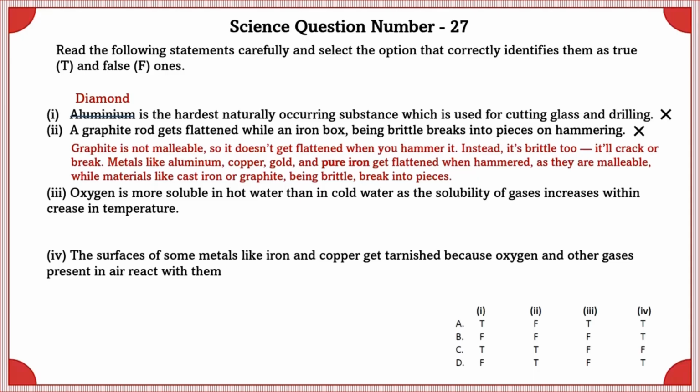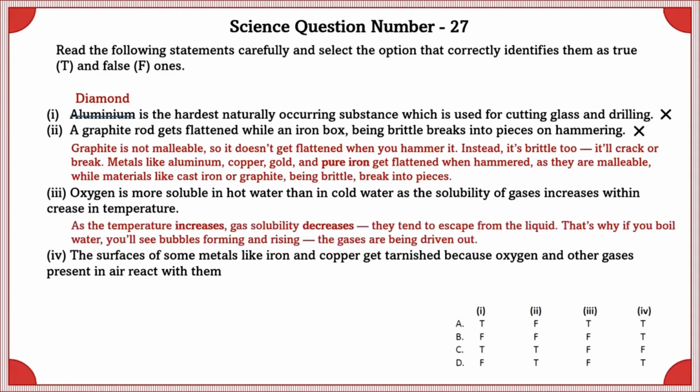Third one. Oxygen is more soluble in hot water than in cold water as the solubility of gases increases with an increase in temperature. As the temperature increases, gas solubility decreases. They tend to escape from the liquid. That's why if you boil water, you'll see bubbles forming and rising. The gases are being driven out. So this is false.